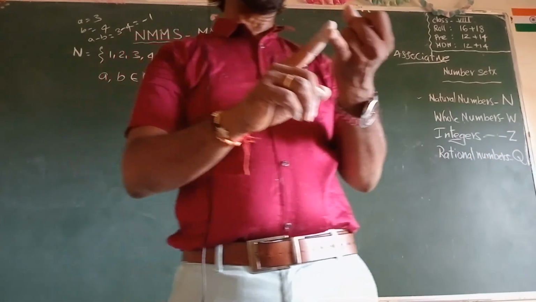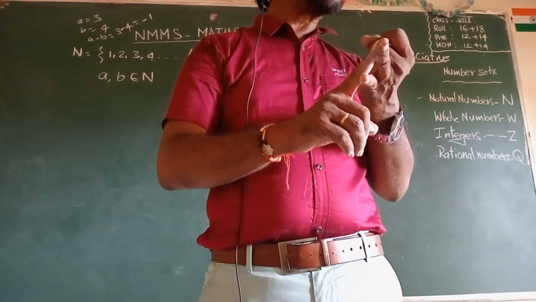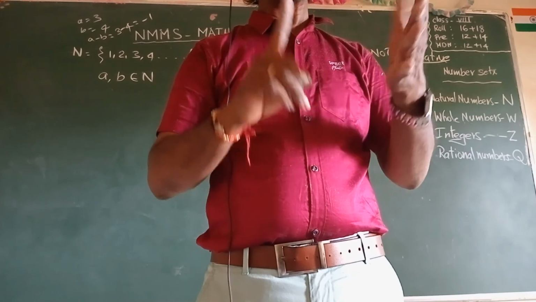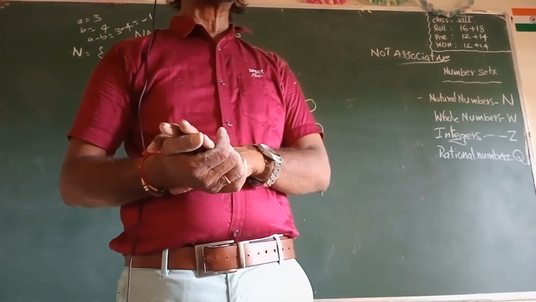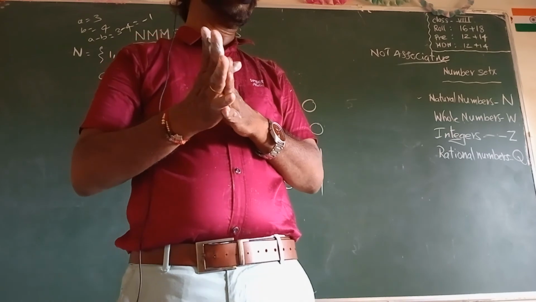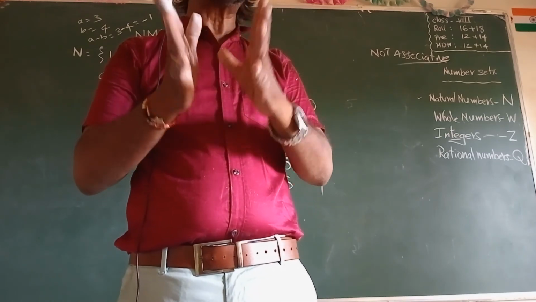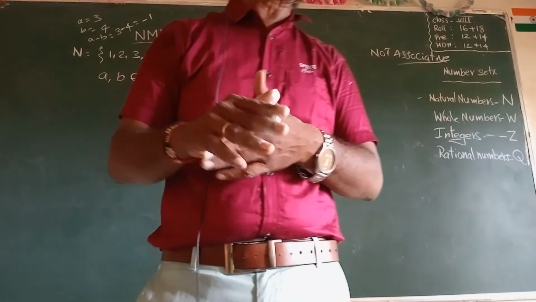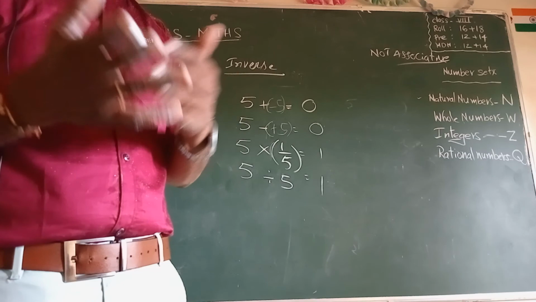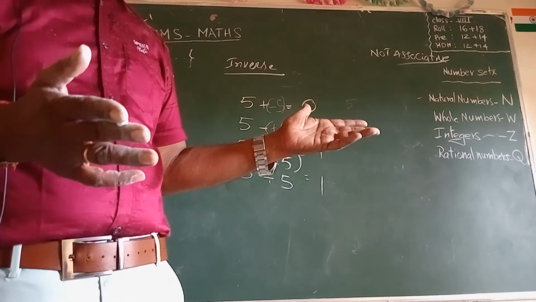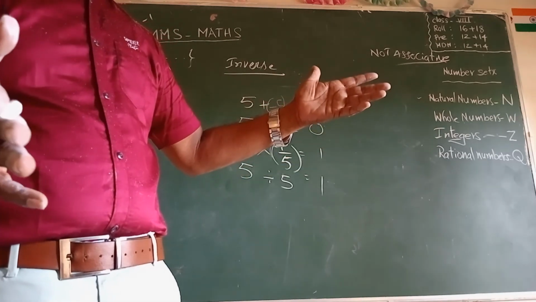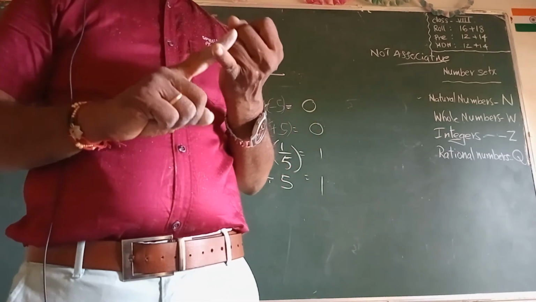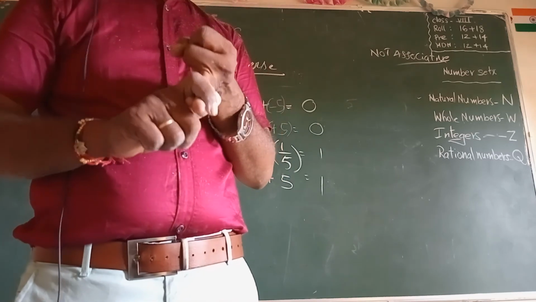So closure property, commutative property, associative property, inverse property, distributive property: all these properties are applicable to only one set, rational numbers. For other numbers only some properties are applicable. We have seen that for the set of natural numbers, for closure, addition and multiplication are applicable.